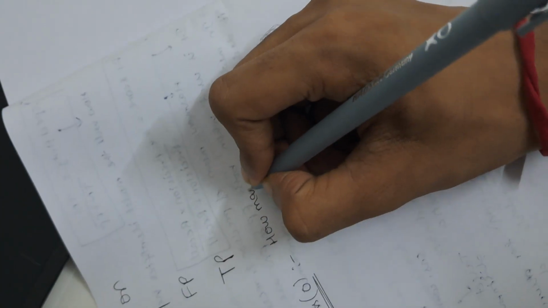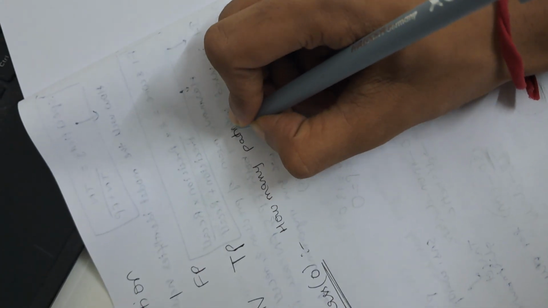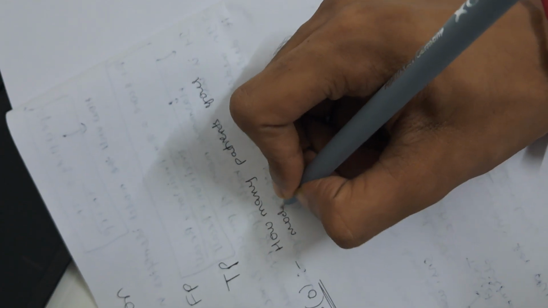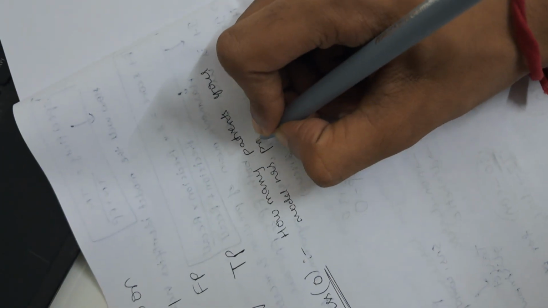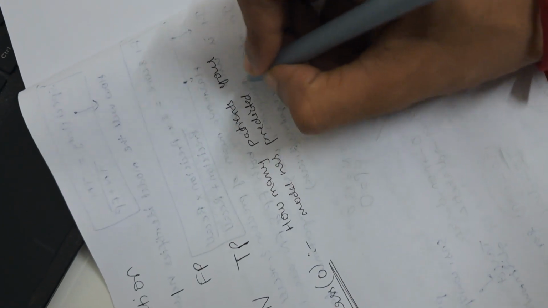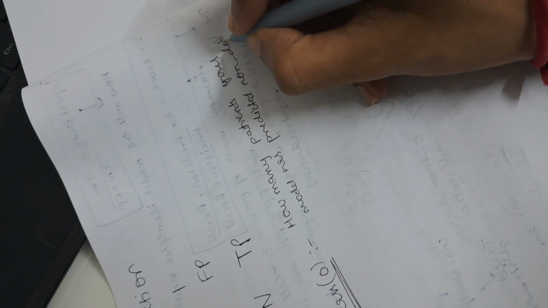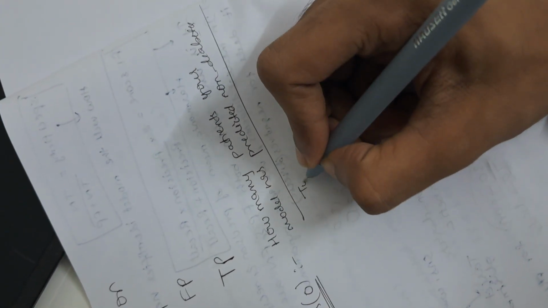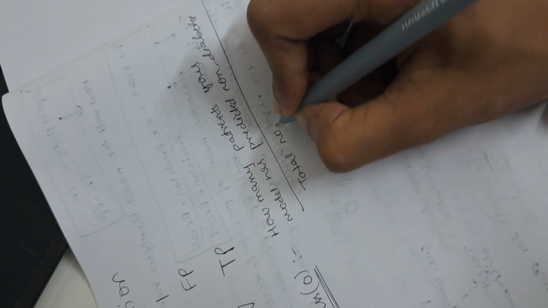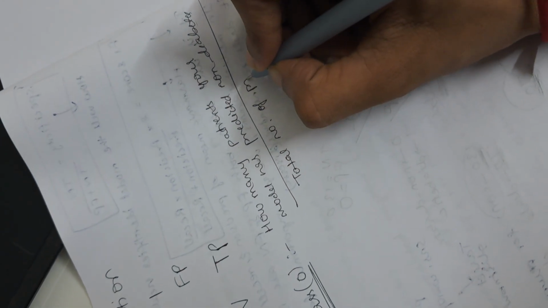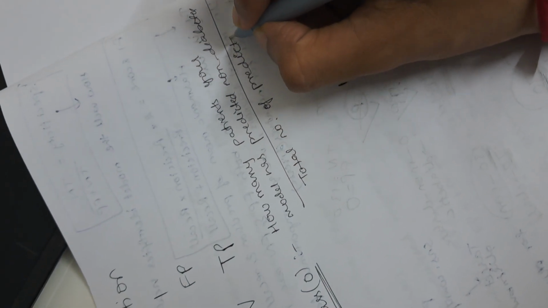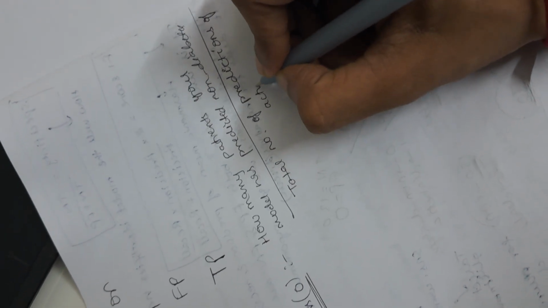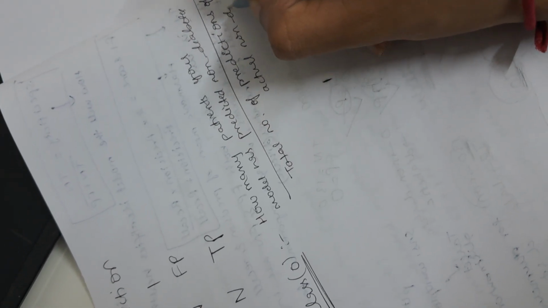How many patients your model has predicted non-diabetes, divided by total number of predictions of actual non-diabetes.